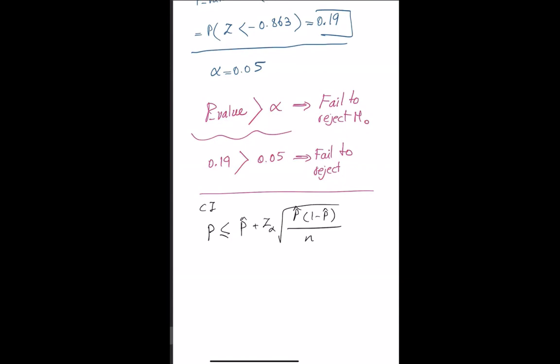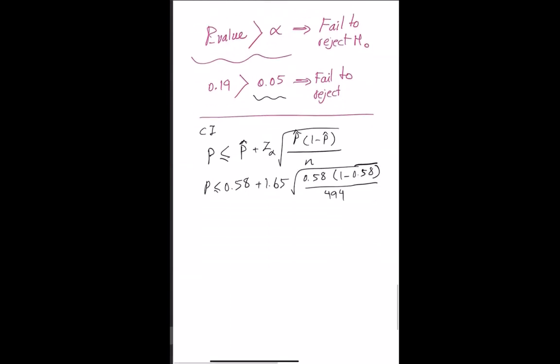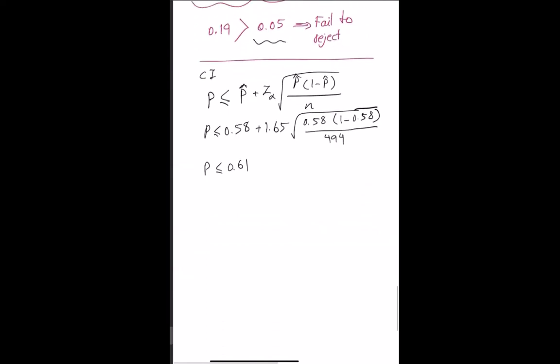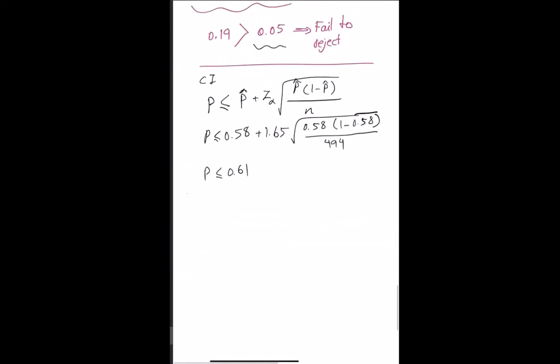P hat we already know. That's the sample proportion, 0.58. Z of alpha, we know that Z of 5% is 1.65. So P is going to be less than 0.61. Okay, so that's my one-sided confidence interval, and this is the test that I wanted to run.